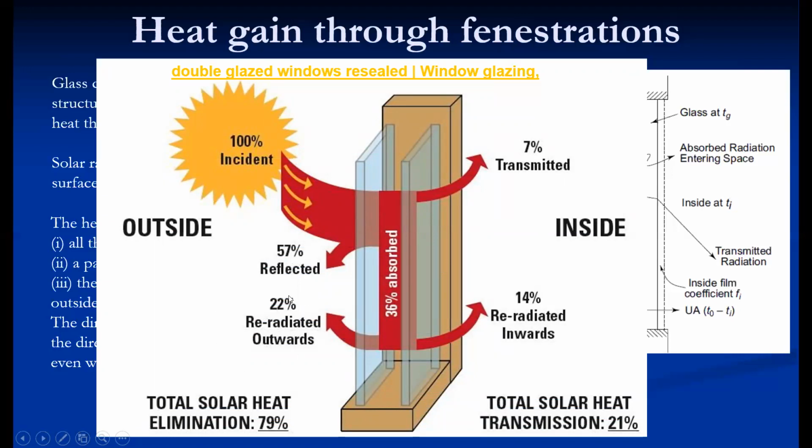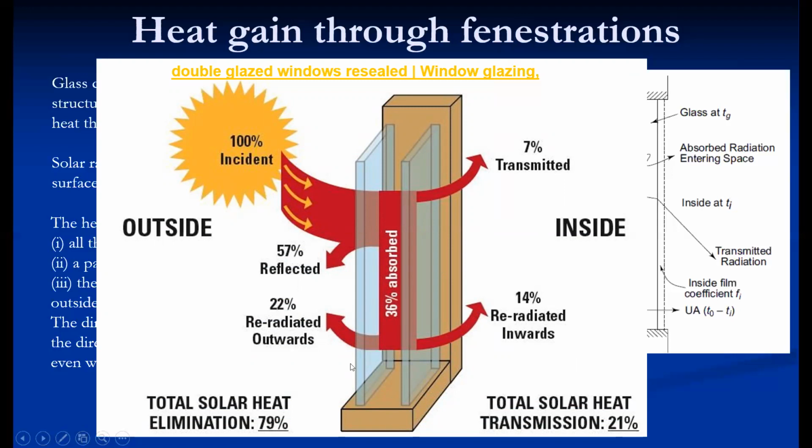Diffuse radiation is also 22% reflected, and only 14% of diffuse radiation comes inside. Overall, the total solar heat transmission is only 21%, or almost 79% of the heat is reflected out.